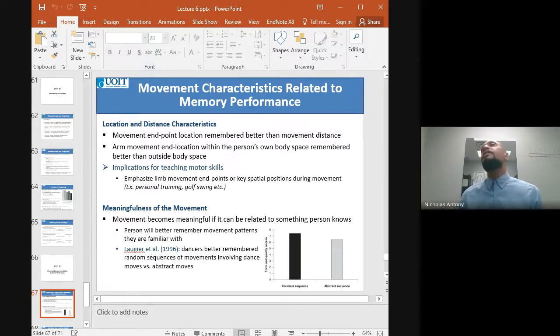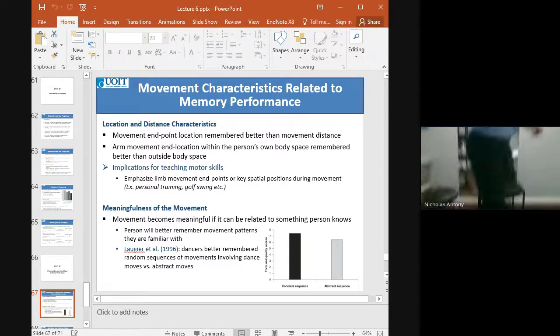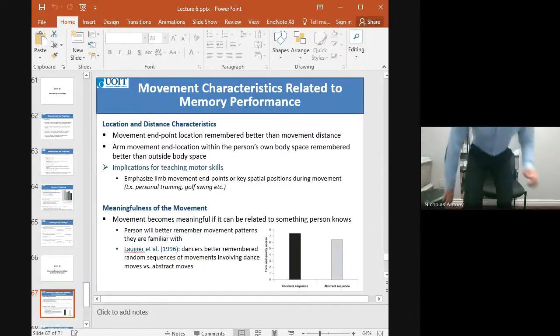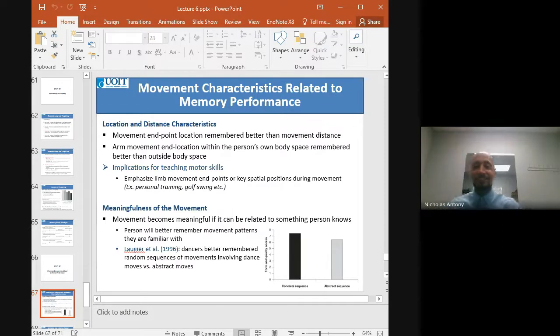Can you think of an instance of how endpoints are easier to remember? You start with this, and you're going to go from here to here. What's the new dance? It's like whatever.